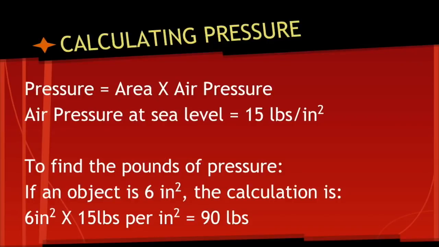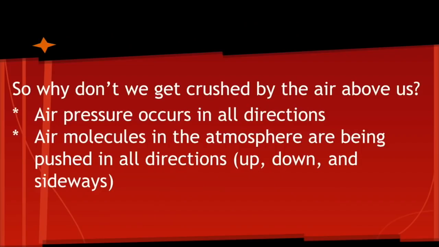If the air pressure at sea level is 15 pounds per square inch, and an object has an area of 6 inches squared, then 6 inches squared times 15 pounds per square inch gives us 90 pounds. So why don't we get crushed by the air above us?